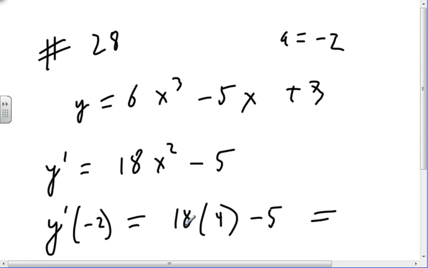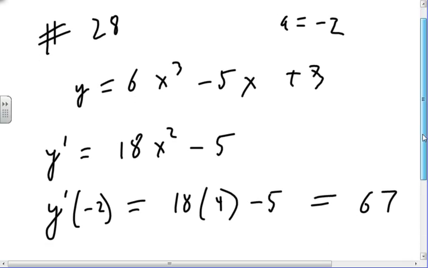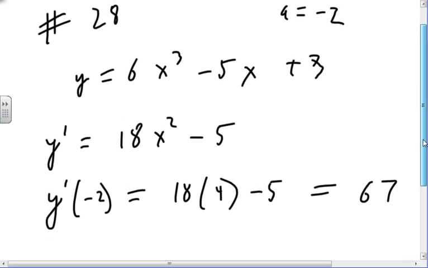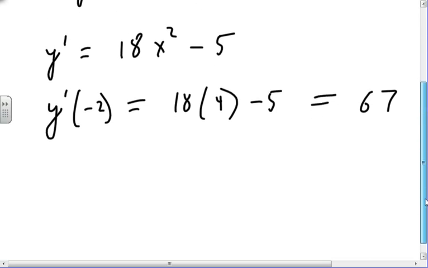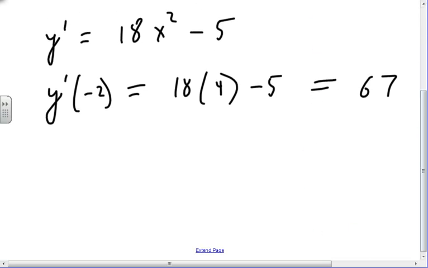What's that, 102? No, it's not. That's 72. 72 minus 5 is 67. And I didn't bring my real calculator with me, so I really don't know. You're right. I am? All right, thank you very much.